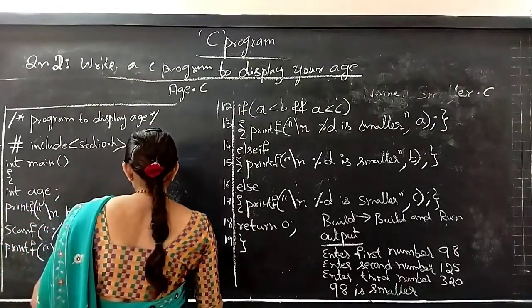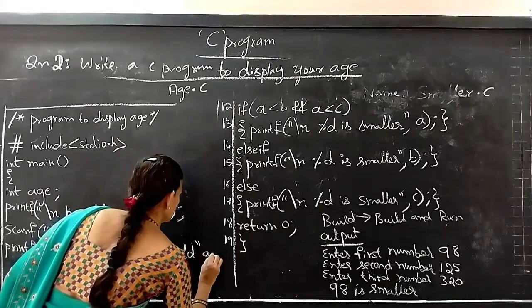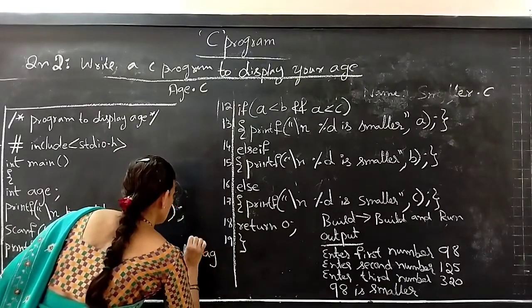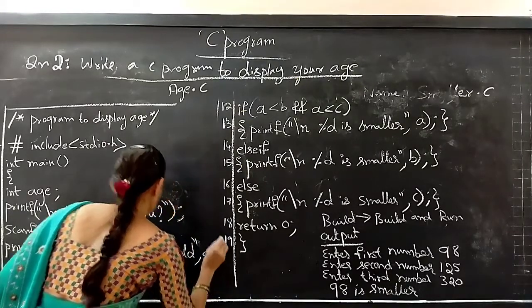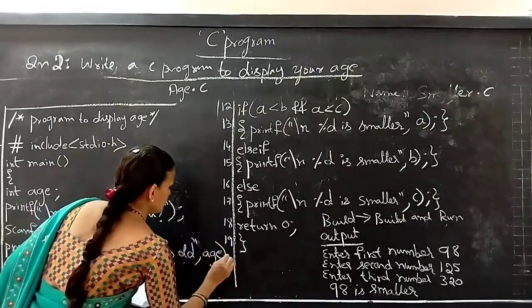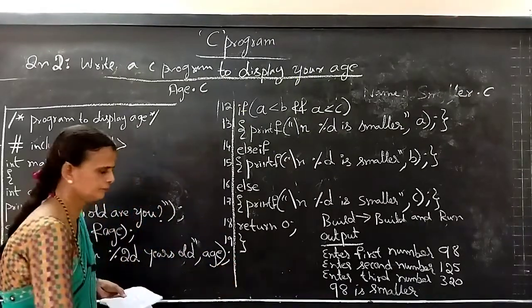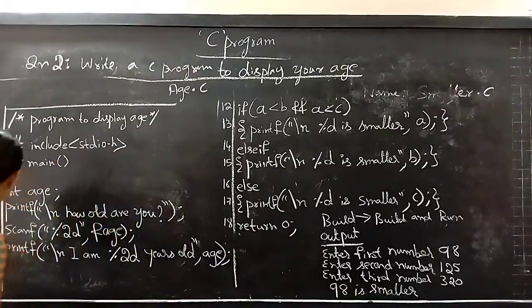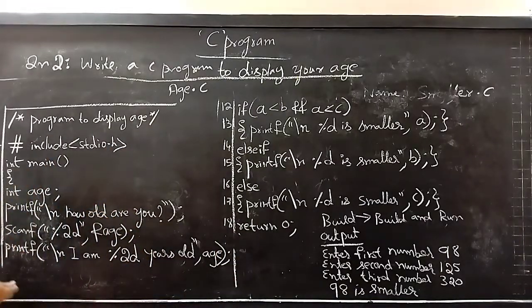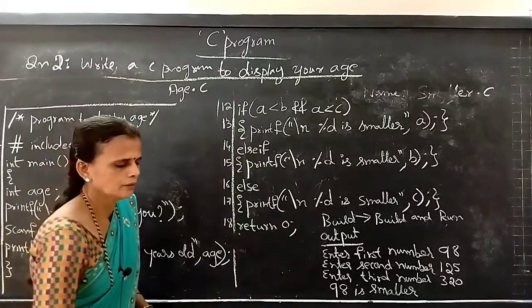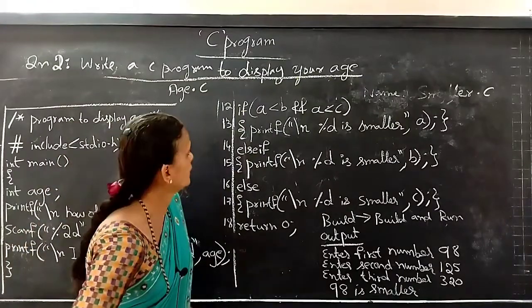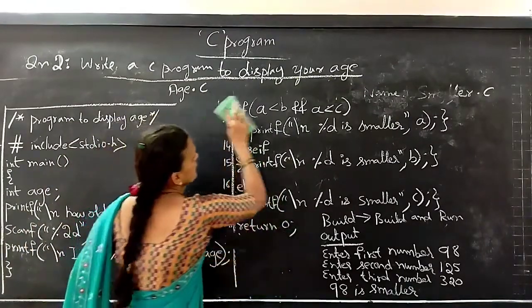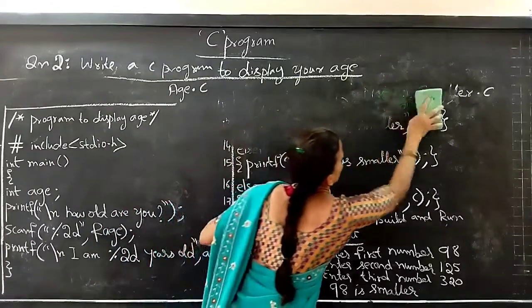Then you have to write age, comma, then age should write close bracket semicolon. Okay. Next close flower bracket.